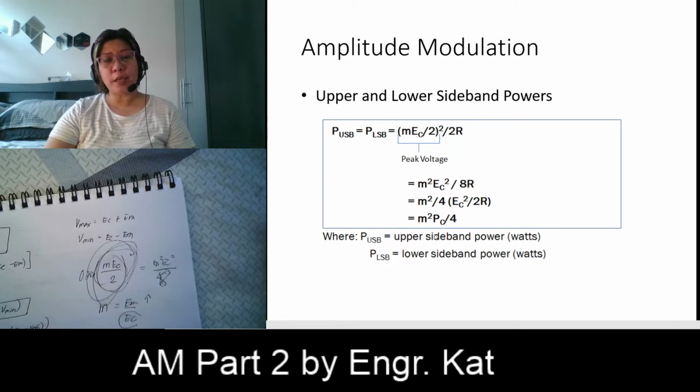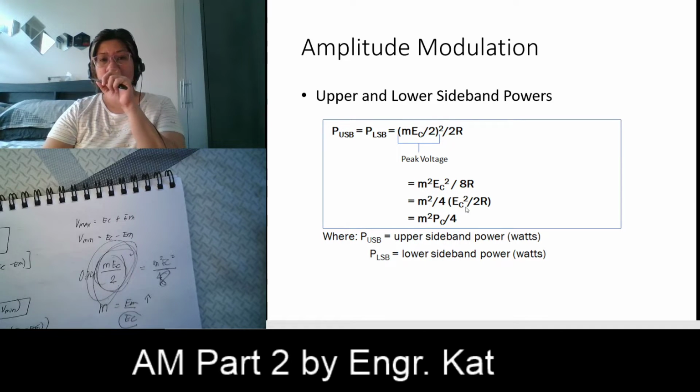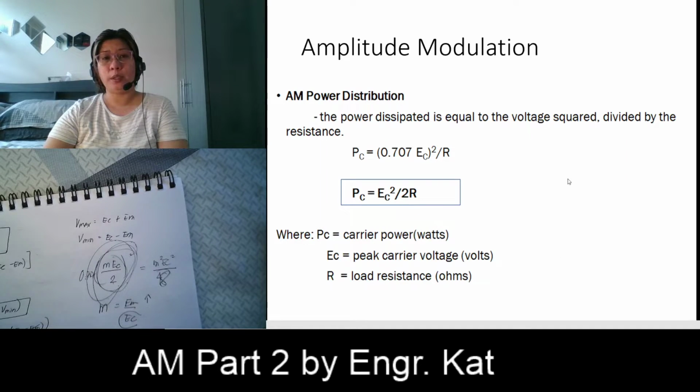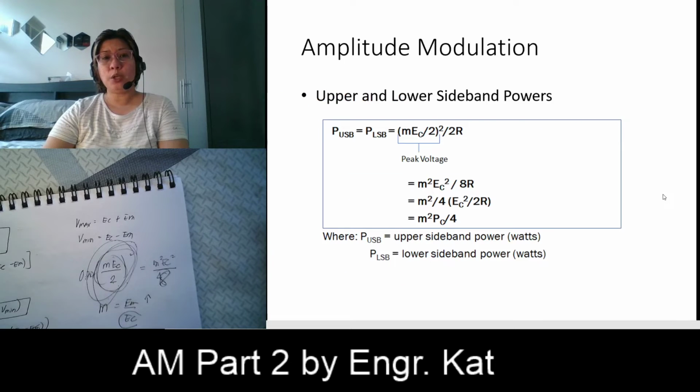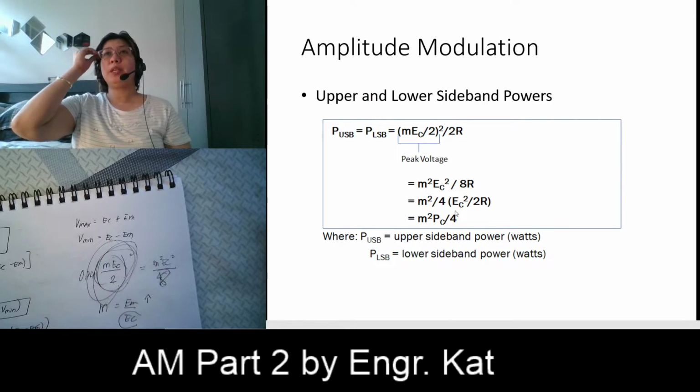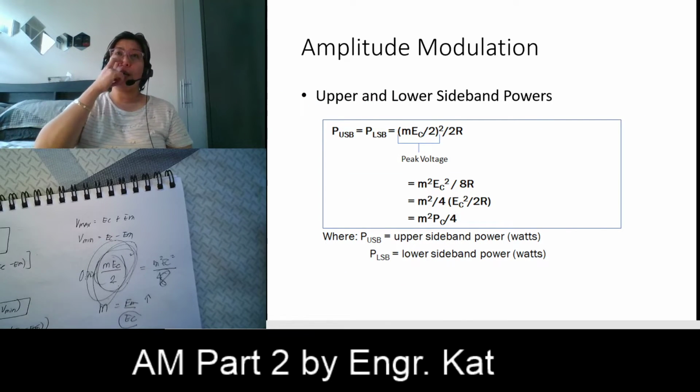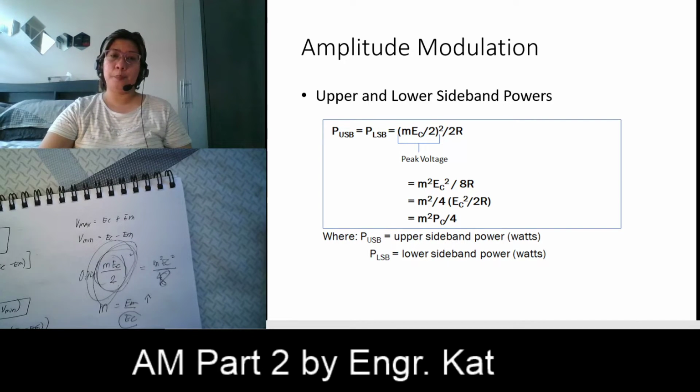Simplifying this, the upper sideband, which is equal to the lower sideband, is equivalent to m squared Pc all over 4. Why? Because Ec squared over 2R is equivalent to the unmodulated power, so we just substitute it with Pc, or the carrier power.